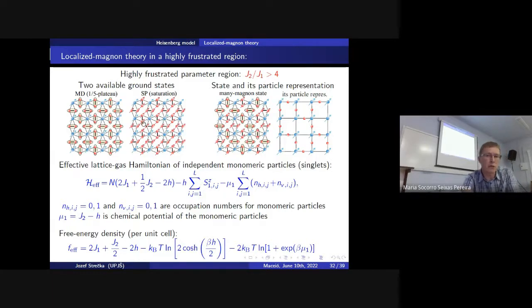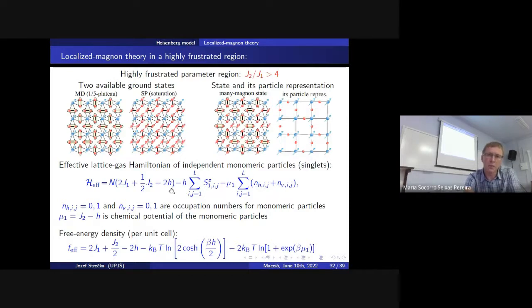So what if I try to make some particle representation of that state? If there is a singlet, let's put a particle, and if there is no singlet, a polarized triplet, let's leave it empty. And these sites will always be polarized. And what does it mean? I can write an effective Hamiltonian starting from the fully saturated paramagnetic state, that's its energy.